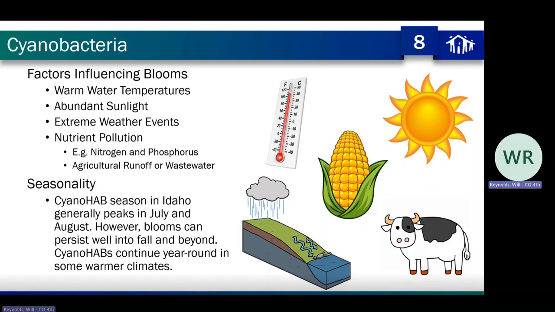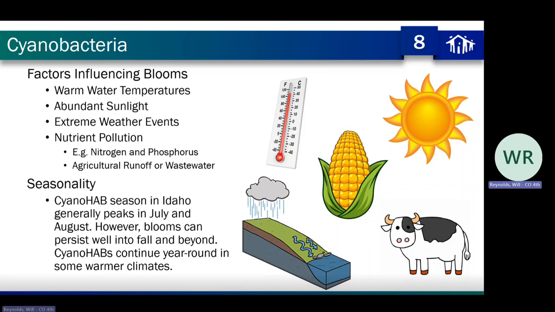So what factors are influencing these blooms? As I mentioned on the previous slide, warm water temperatures could be increasing due to the climate, or the removal of features of the landscape that contribute to shading in lakes, reservoirs, and other water bodies. You have abundant sunlight. Again, removal of trees and other landscape aspects can contribute to additional sunlight in areas.